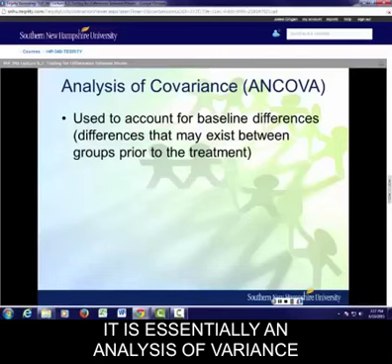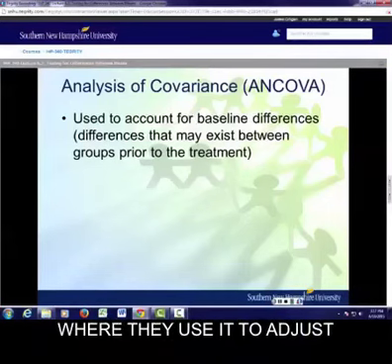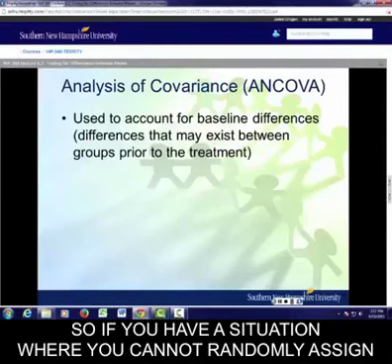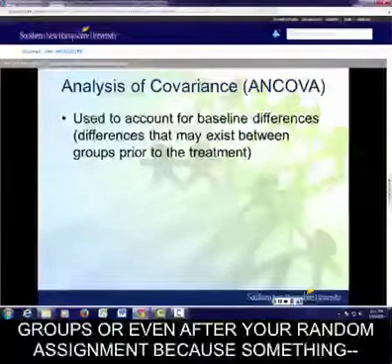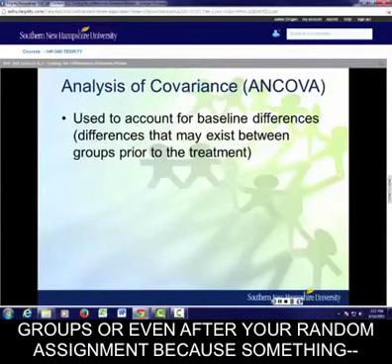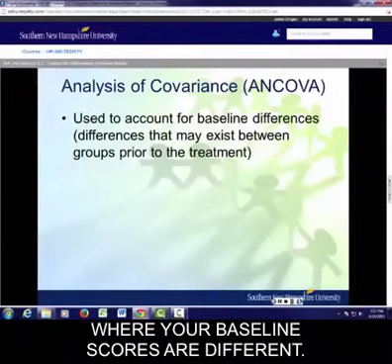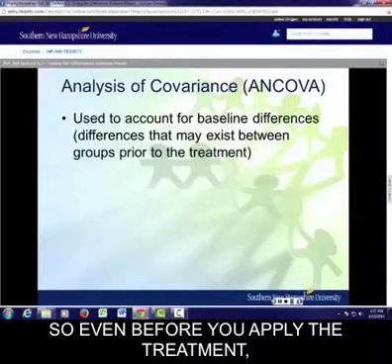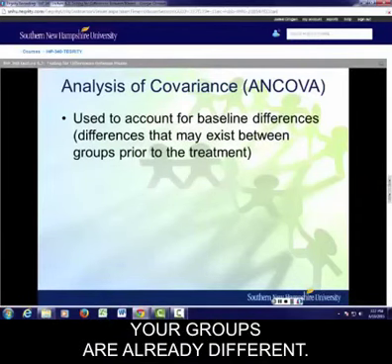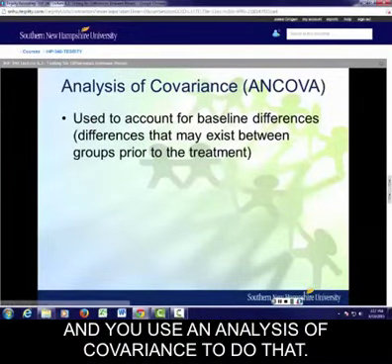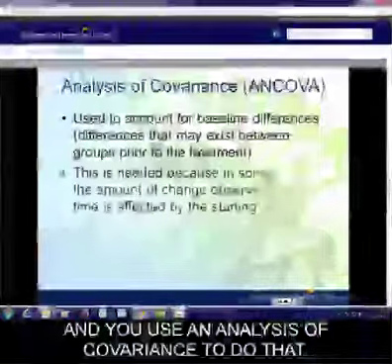If you cannot randomly assign groups, or even after random assignment some fluke happened where your baseline scores are different, so even before you apply the treatment your groups are already different, you can adjust for that statistically, and you use an analysis of covariance to do that.